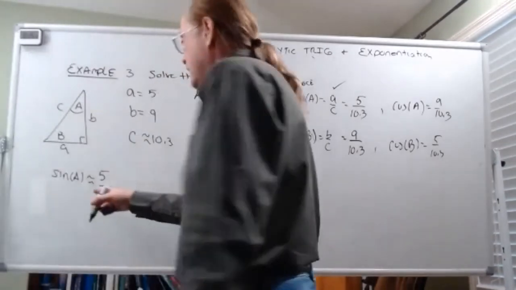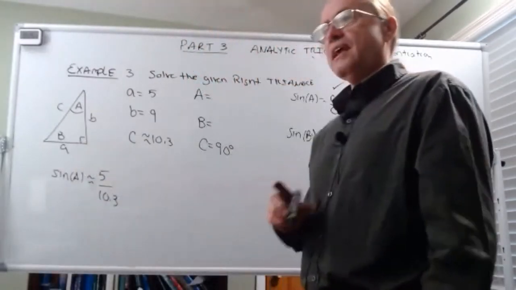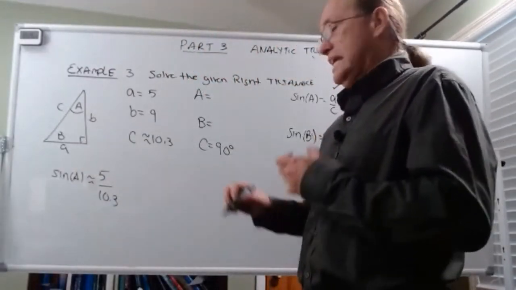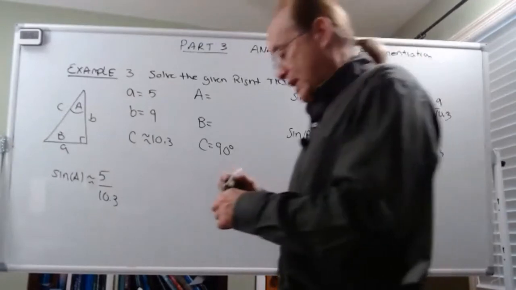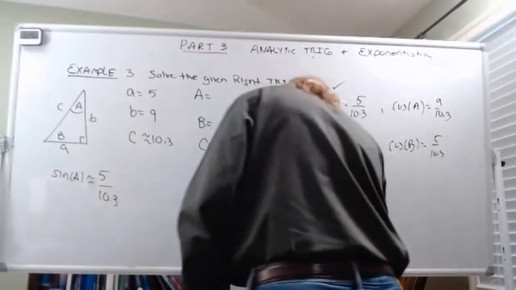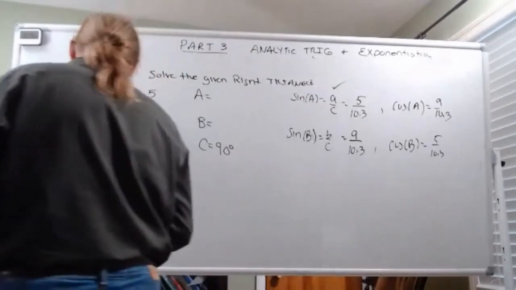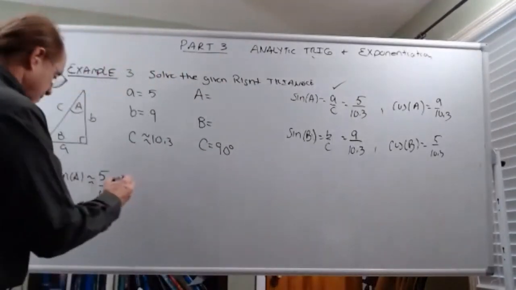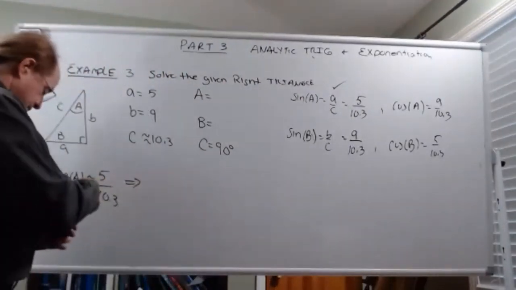Well, can I find the measure of angle A? Yes. Remember what we did. We did inverse trig functions. So what I can do is take the arc sine, or the inverse sine, of both sides and solve for that.